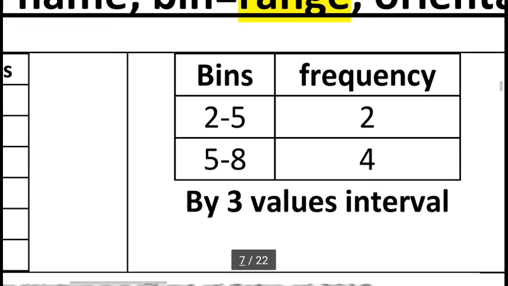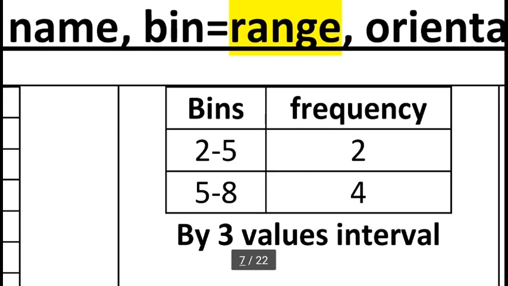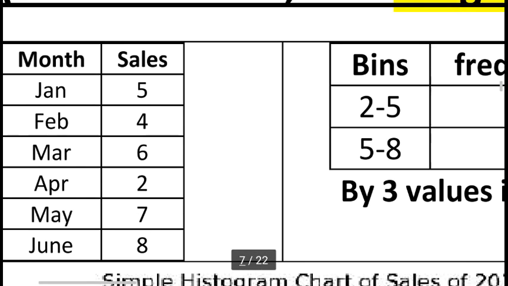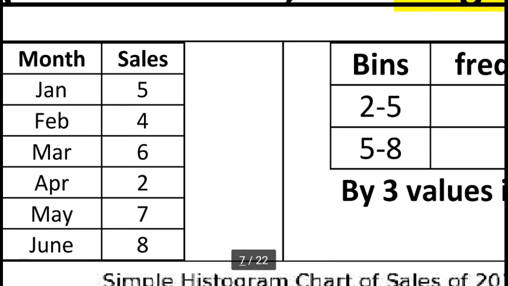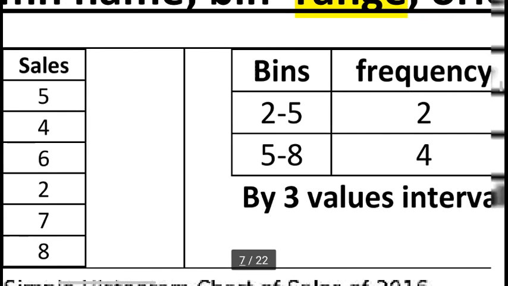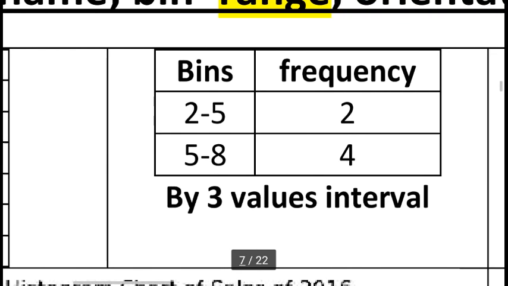How many values are present between 2 to 5? You can see one value is 2, the second is 4, so only two values. Here 5 will not be included, 5 will be included in the next interval.